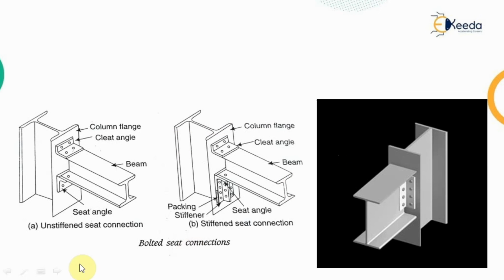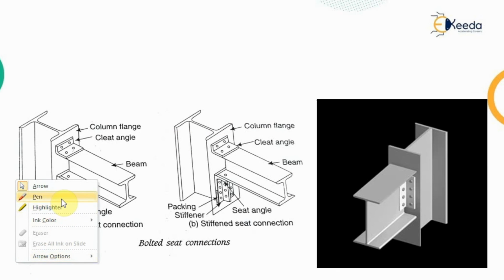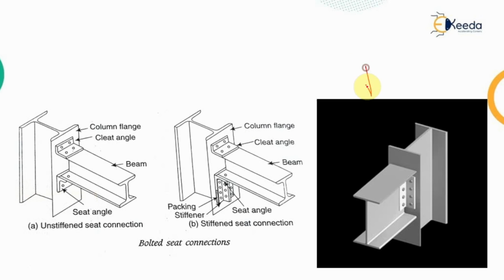So this black figure that is shown to you is representing the framed connection. So in the framed connection, I've told you this is the beam, while this part is the column. So the web of the beam, because as you may be aware, this is an I section.